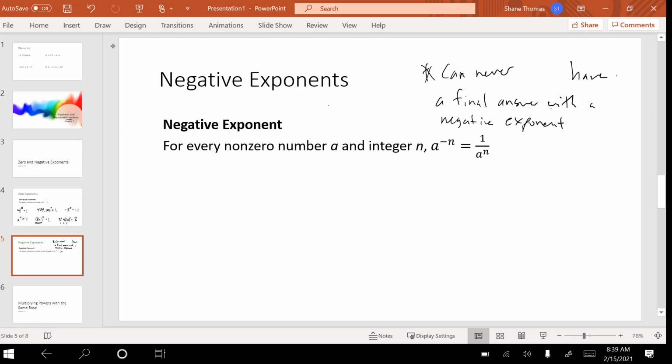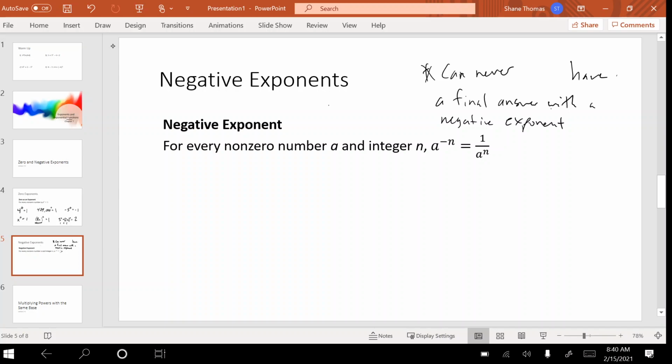Just something we don't want in math. There's one exception to this, scientific notation. We'll get to that in a couple of lessons. But for our purposes now, you can never have a final answer with a negative exponent in it. So for some reason you get 2x to the negative 2, we have to change it. We cannot leave it like that. So here's our rule for negative exponents.